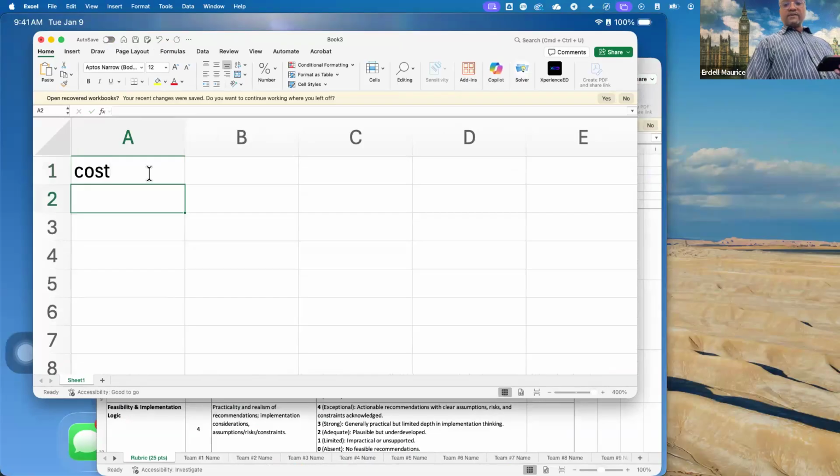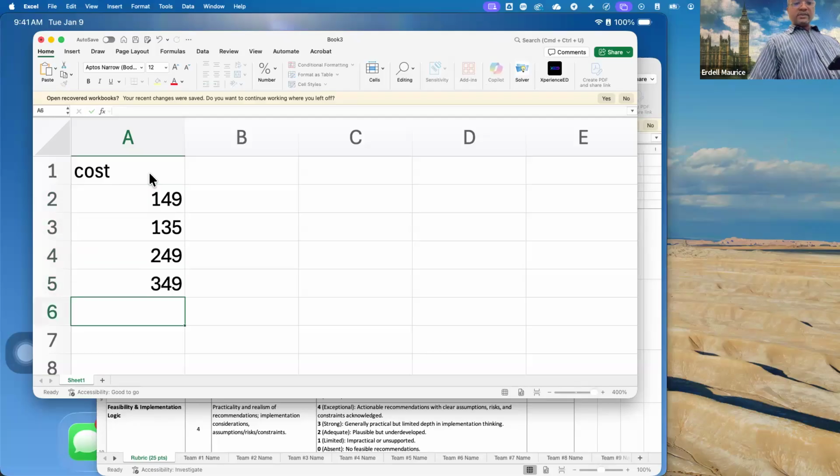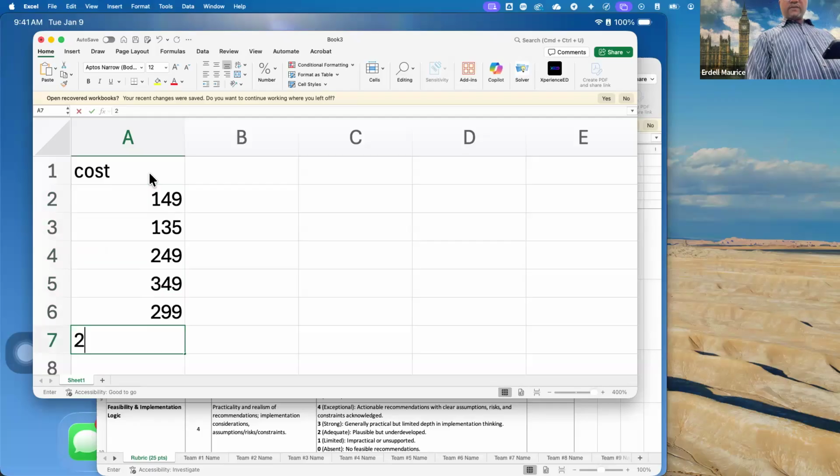And then the first one was 149. Then the next one was 135. Then 249. Then 349. Then 299. 249 and 199. And then 169.